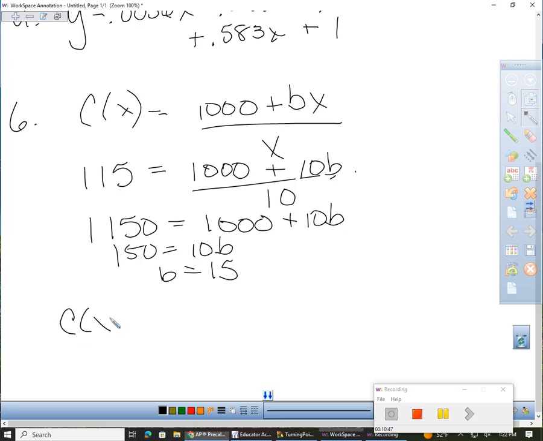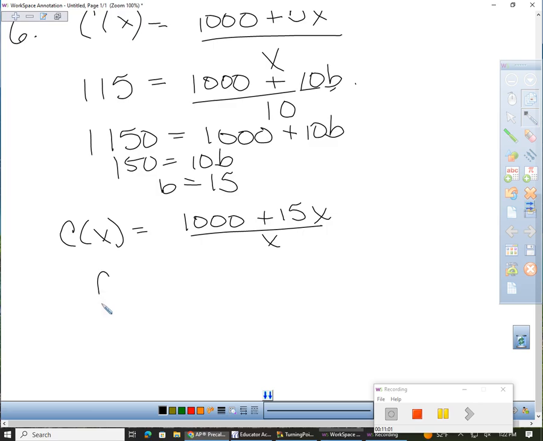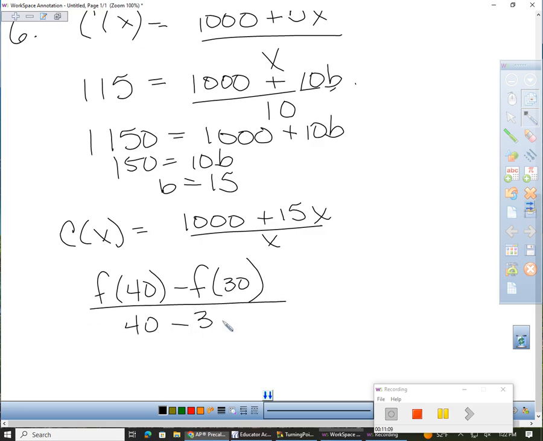We know c of x equals 1,000 plus 15x over x. And it wants us to find the slope from 30 to 40. So I'm going to write it like this. We're going to do f of 40 minus f of 30 over 40 minus 30.